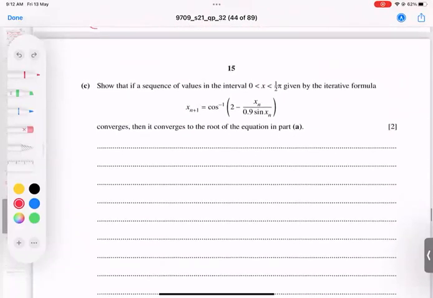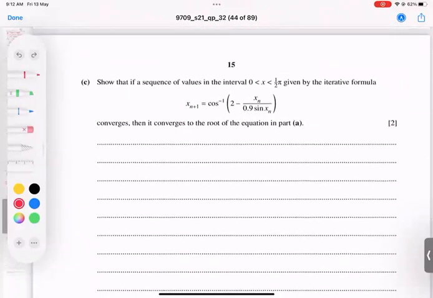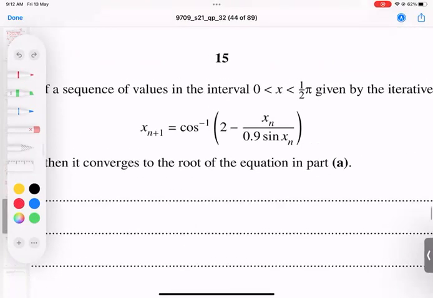Show that a sequence of values in the interval, by this iterative formula, this one, converges to the root in part 1a. So what is converge? Actually, these are called subscripts.